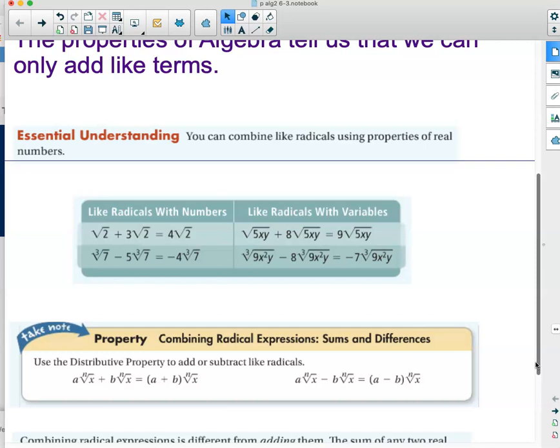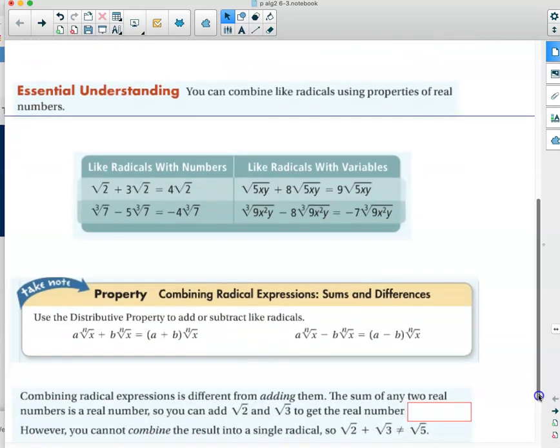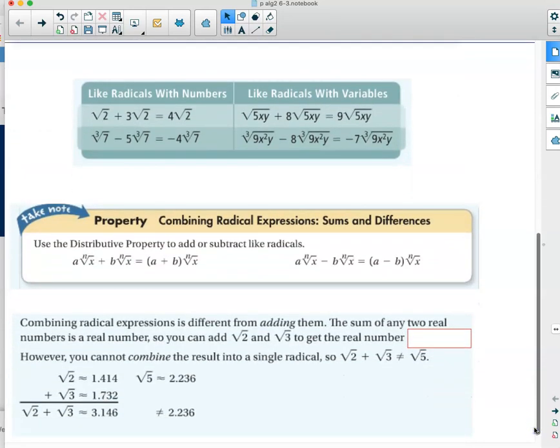But in order to do that, we have to check to see, is the index exactly the same? Is the radicand exactly the same? Then it's pretty basic. So, combining radical expressions, sums and differences. How do we do this with addition and subtraction? If we want to add them, we check to see that the radicals are exactly the same, and then all we do is add the two numbers that are in front of them.